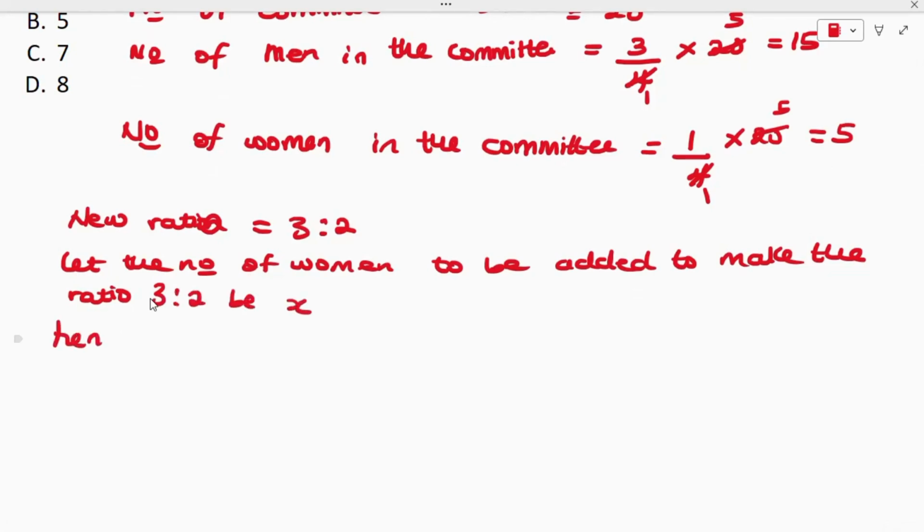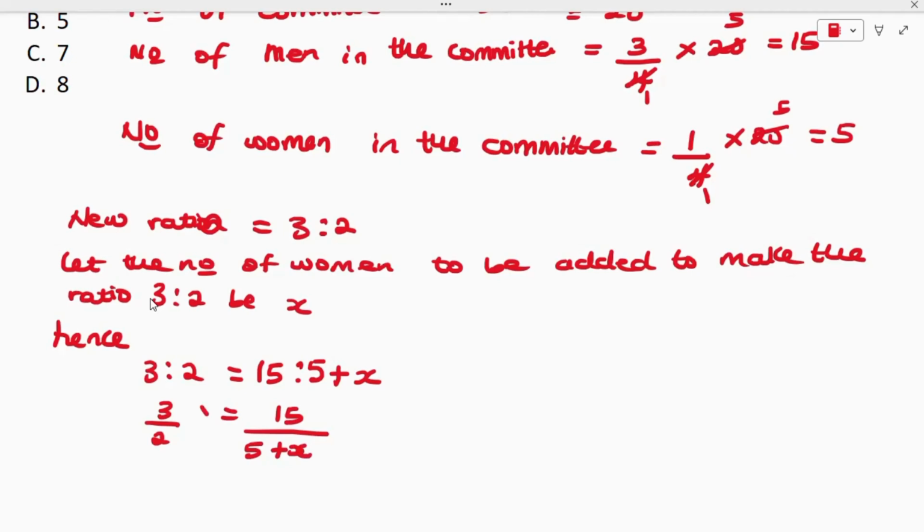So hence we have that 3:2 is equal to the number of men in the committee, which is 15, over the number of women, which is 5, plus the number of women added, we say let it be x, so plus x. So we have 3/2 is equal to 15 divided by 5 plus x. So we cross multiply, we have 3 into 5 plus x is equal to 15 times 2.